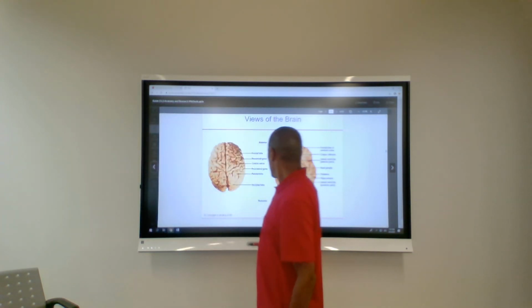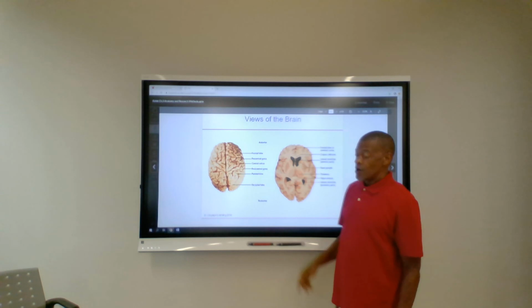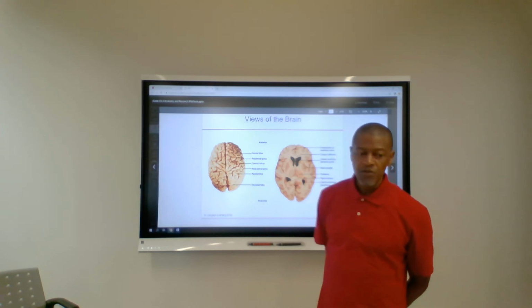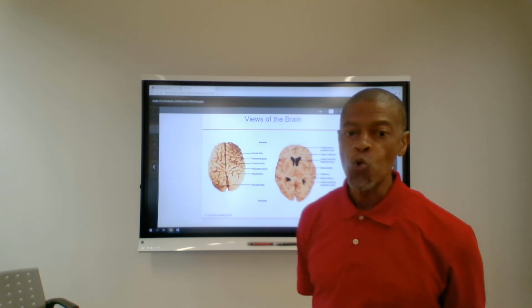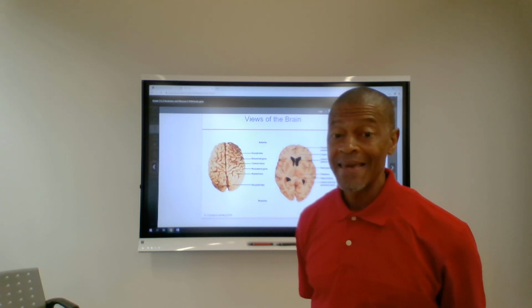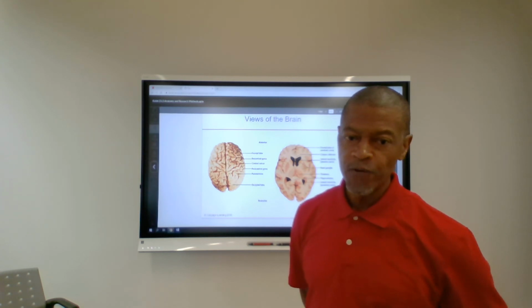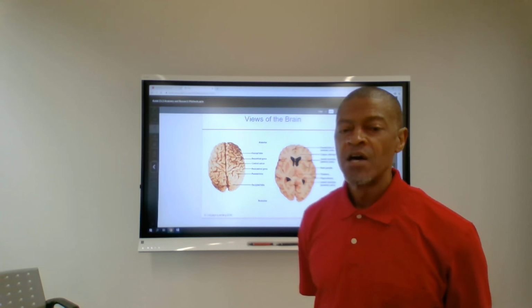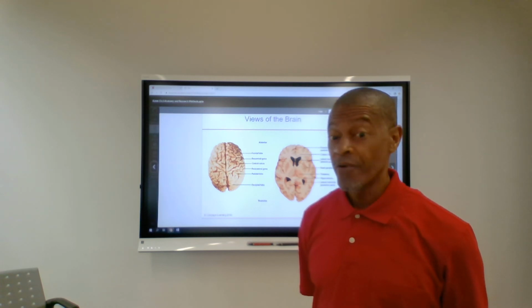So these areas that have a black space in it, those are called ventricles. Ventricles are like cavities, like caves, like holes. Well, in these cavities, in these holes, is something called cerebrospinal fluid, CSF. So the cerebrospinal fluid flows through the brain. It also flows around the brain.